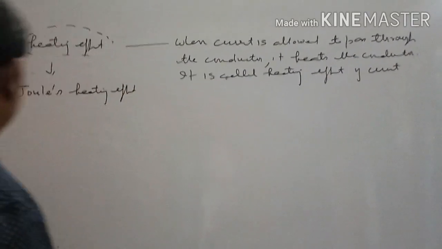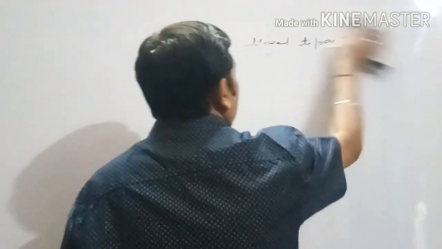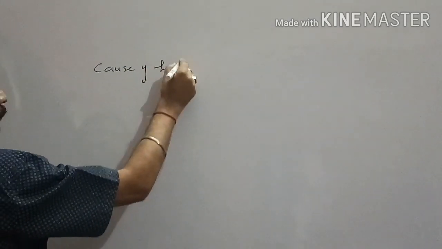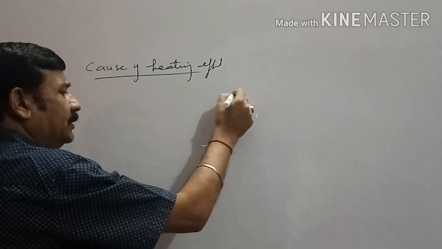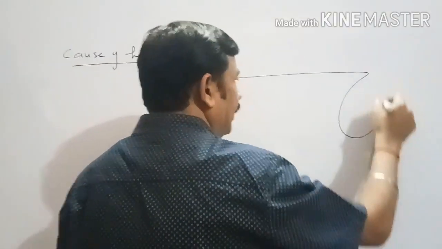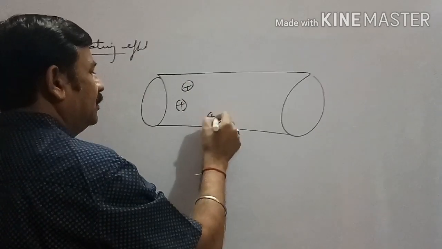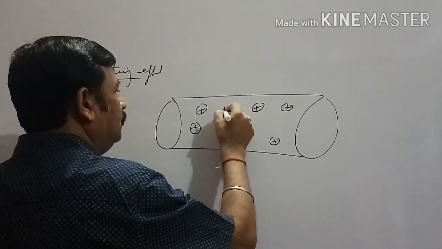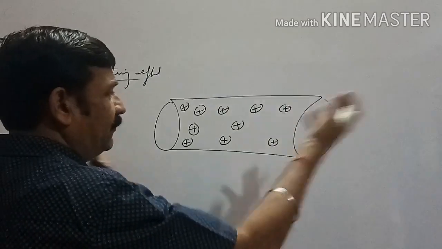What did Joule say regarding the heating effect of current, that is, what is the cause of the heating effect? Dear students, as you know, a conductor consists of many immobile, positively charged nuclei randomly distributed everywhere, and also electrons which are performing random motion.